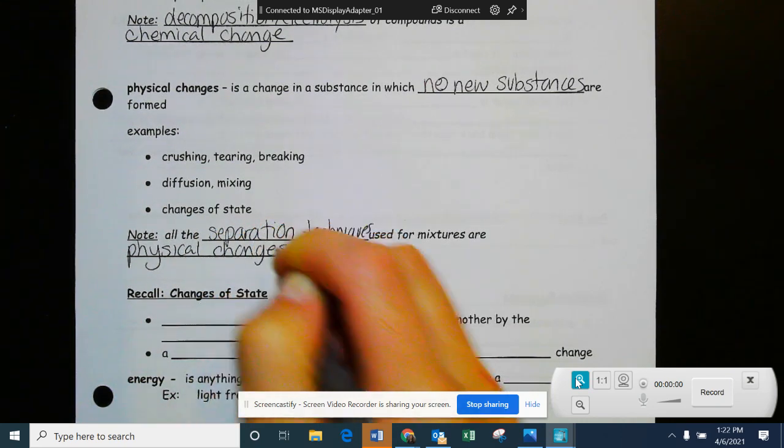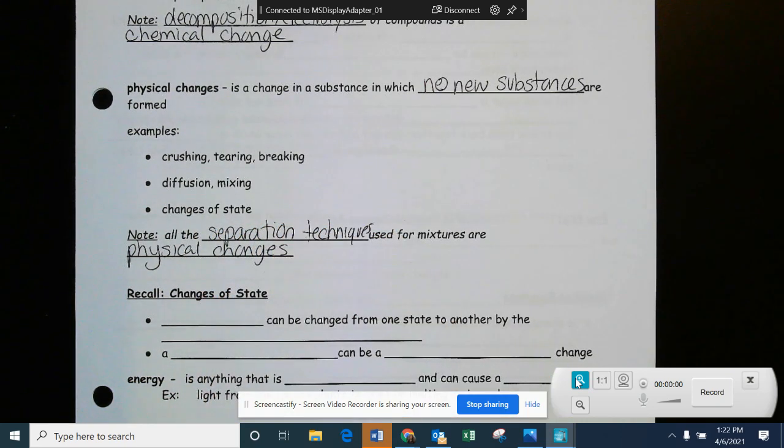So we did and talked about some different separation techniques. They're physical changes. So those really rely on keeping the compounds intact, right? Like we want to separate compounds. We don't want to make new ones. So all of our separation techniques were physical, not chemical.